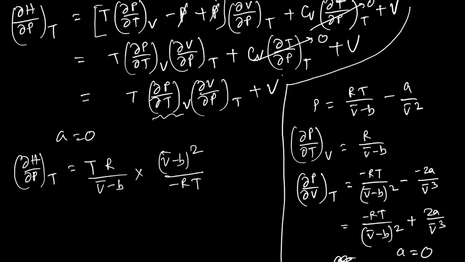You see what I did? I just took the inverse of that. I took A equal to 0, which gave me only this quantity, and since it is del P by del V at constant T, I just inverted it. Did you follow this particular part?